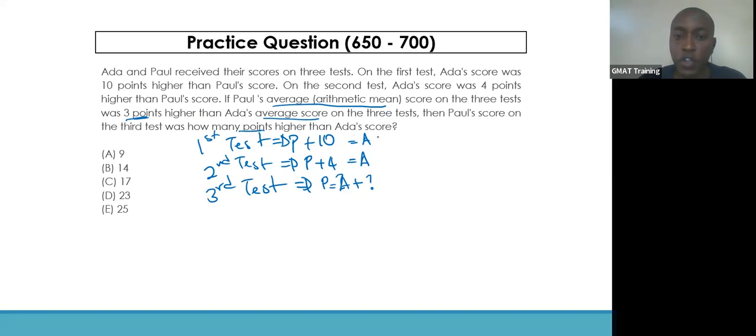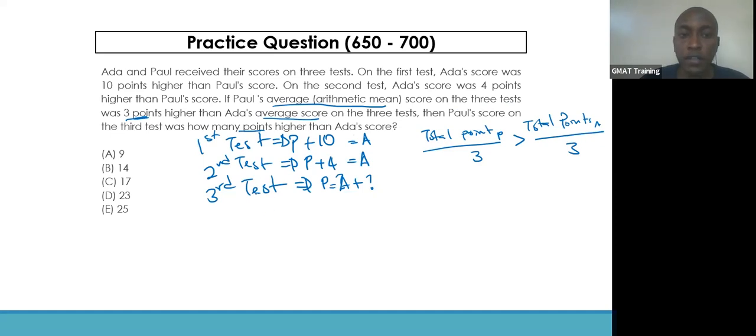After evaluating the total points in the 3 tests, divide by 3. So total points of Paul divided by 3 is greater than total points of Ada divided by 3, right? That's the idea behind this question.